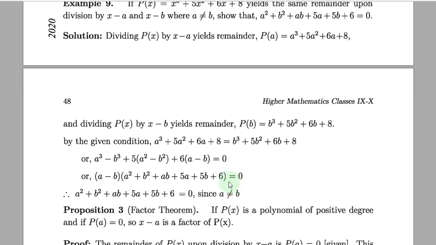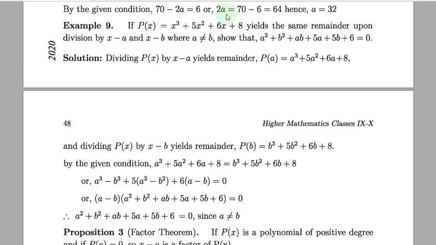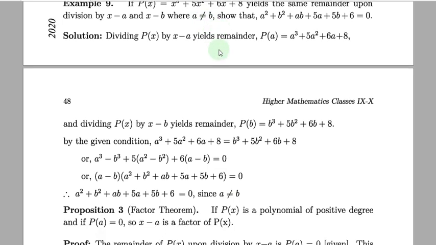Since the question says a is not equal to b, that means a minus b will not be equal to 0. So we can divide this equation by a minus b.